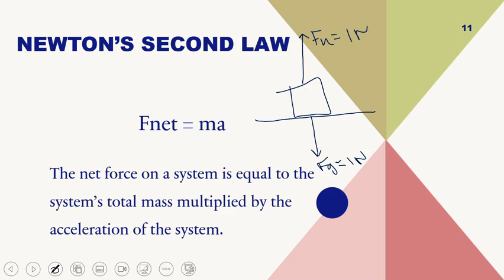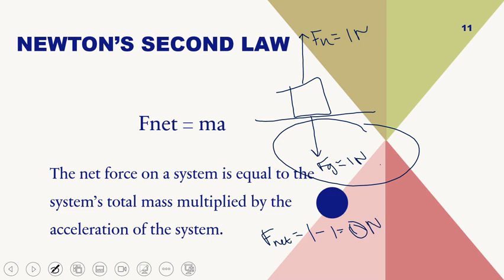Now, to find the net force on this box, we want to sum these forces. So F net is equal to the normal force of 1 Newton. Now, for the gravity force, we want to subtract this from the normal force, because technically it's negative, since it's pointing downwards. So we're going to say 1 Newton minus 1 Newton is equal to 0 Newtons. So this box has 0 net force acting on it, or in other words, there's no net force acting on it.